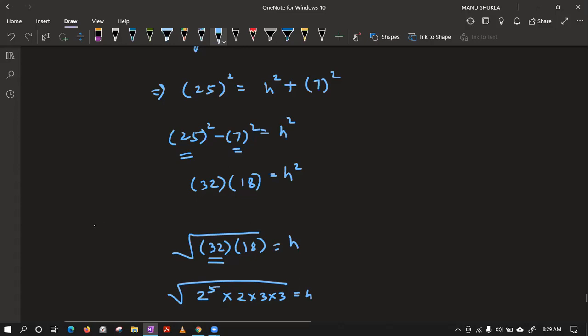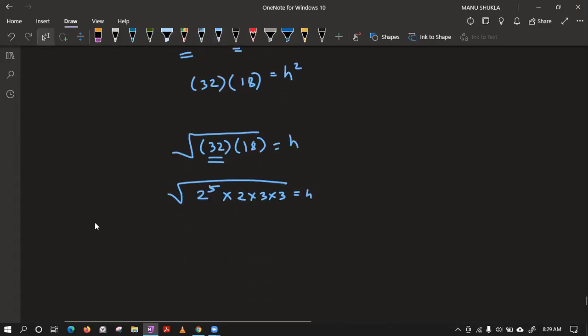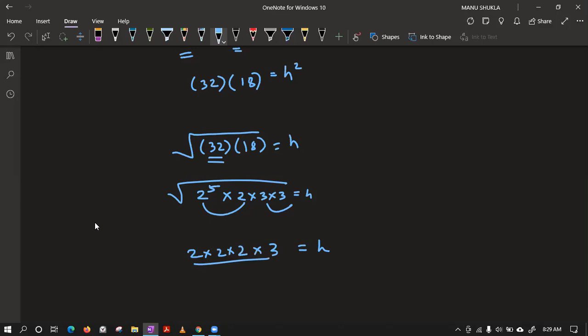So easily we have made the pairs. So we have 2 power 5 and 2, that is 2 power 6. How many 2's will come out? 3 2's will come out, and out of these 1 3 will come out.